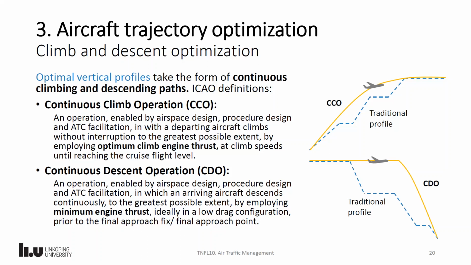In fact, there are some airplanes that are called gliders that don't have engines at all, and they use these continuous descent operations to glide to the destination. But in a commercial airplane, this is not possible. It's not possible to have zero thrust at all because you need some.